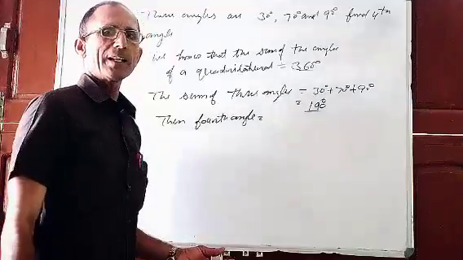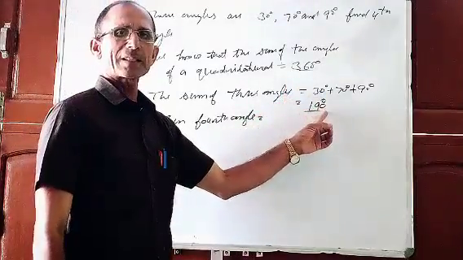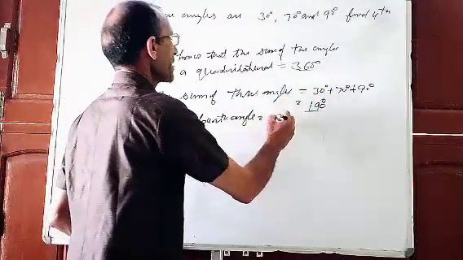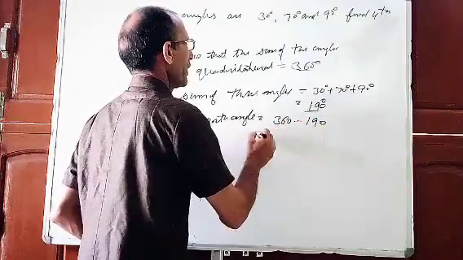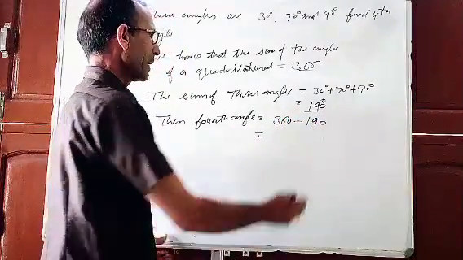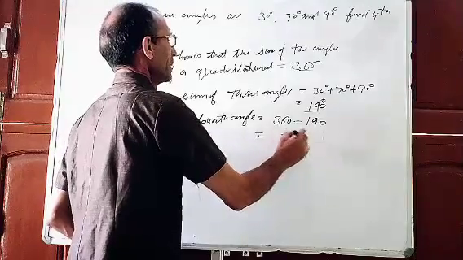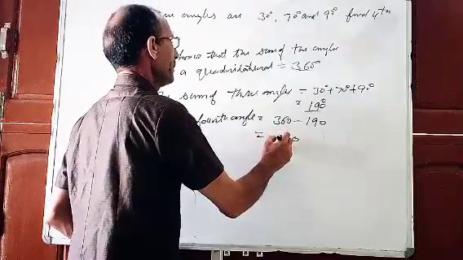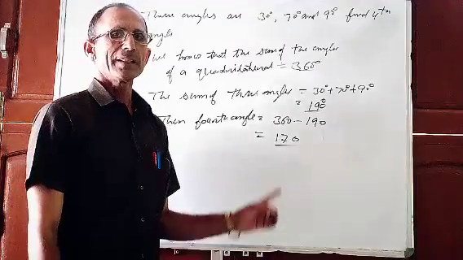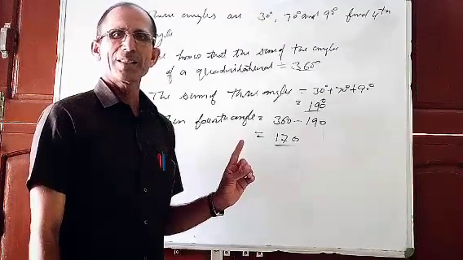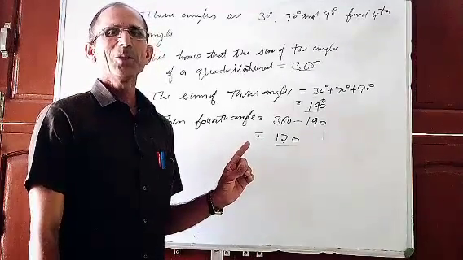How will you find the fourth angle? From the total, subtract the sum of three angles. So 360 degree minus 190 will be 170. Then the fourth angle is 170 degree. Yes or no?